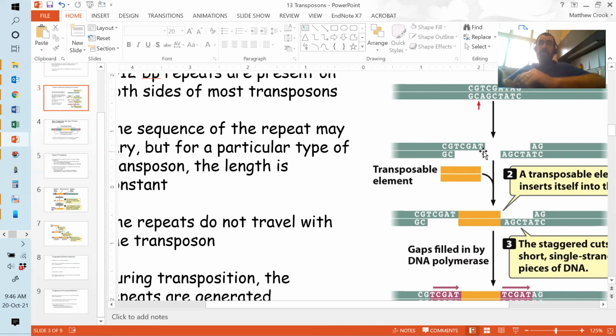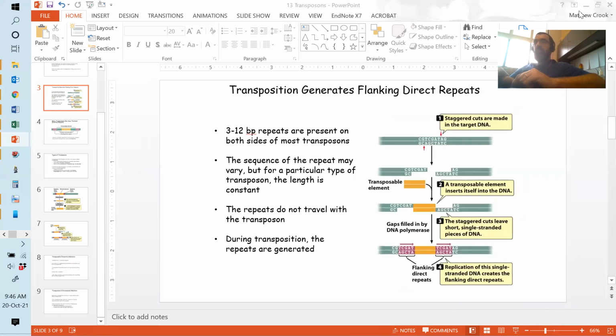It's just what's created by the transposase when it cuts the DNA. And because that gap exists over here, now you have a second copy made of the first one, this overhang here. And so that's what creates direct flanking repeats. So yeah, there you go. That's transposons. They are pretty crazy.